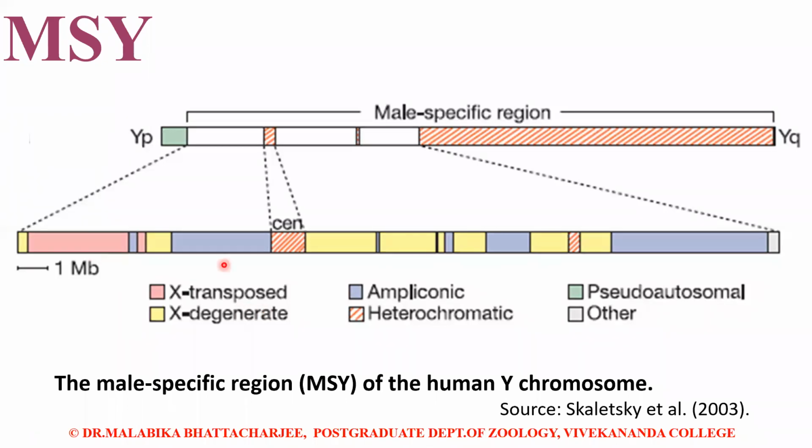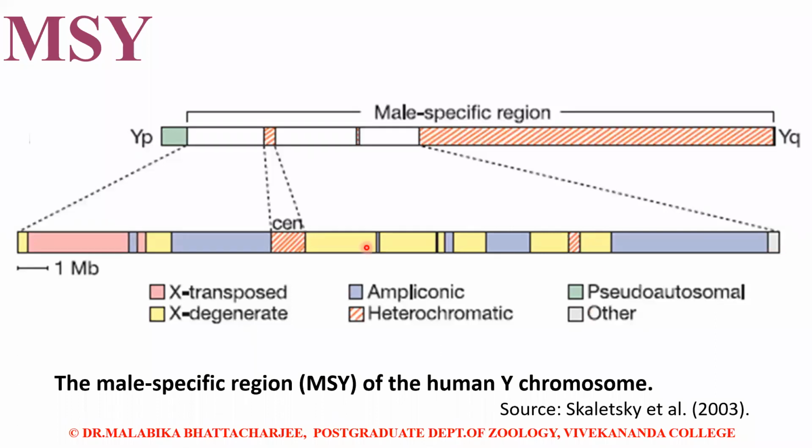Then we have this yellow color, this is the X degenerate region, and we have a shade of blue, that is the Ampliconic region. The shaded colors are the heterochromatic region, and the green color, initially shown here, is the pseudo-autosomal region, and this gray color is other.